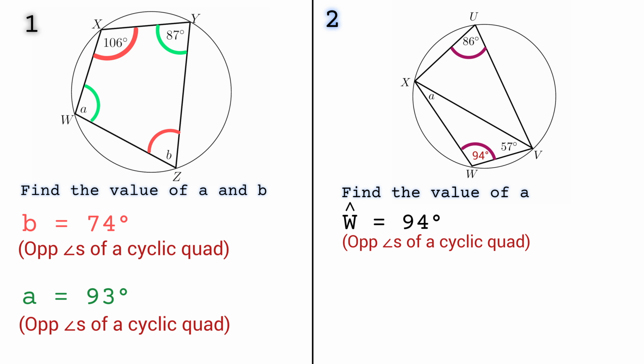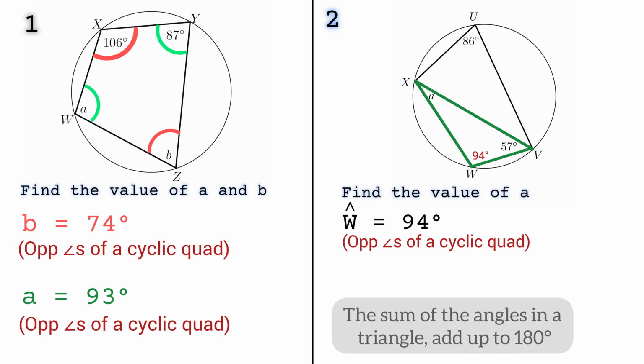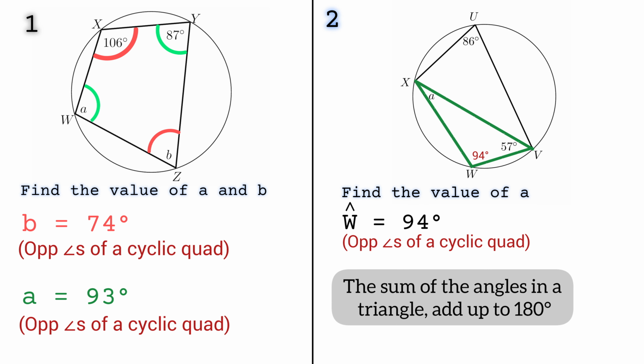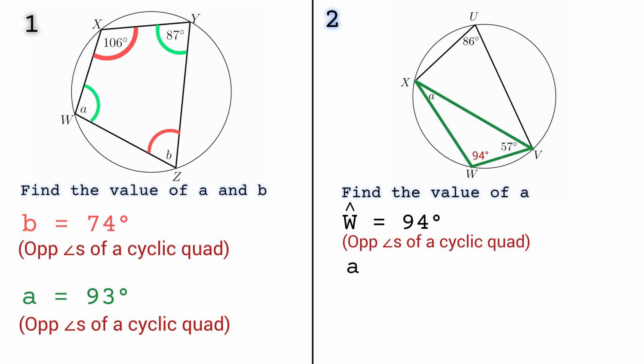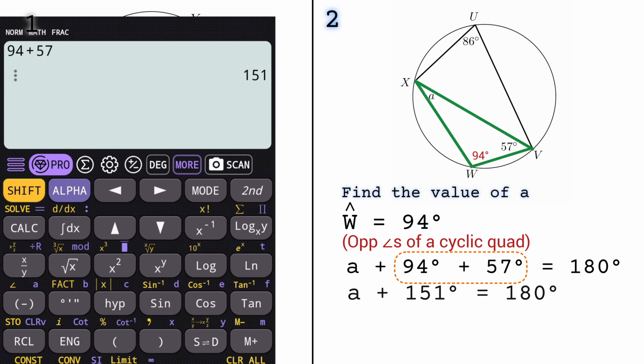Now that we have the size of angle W, we can now find the size of angle A. This is a triangle, and we know that the sum of the angles in a triangle add up to 180 degrees. So to find the value of A, we have A plus 94 degrees plus 57 degrees is equal to 180 degrees. 94 degrees plus 57 degrees equals 151 degrees.